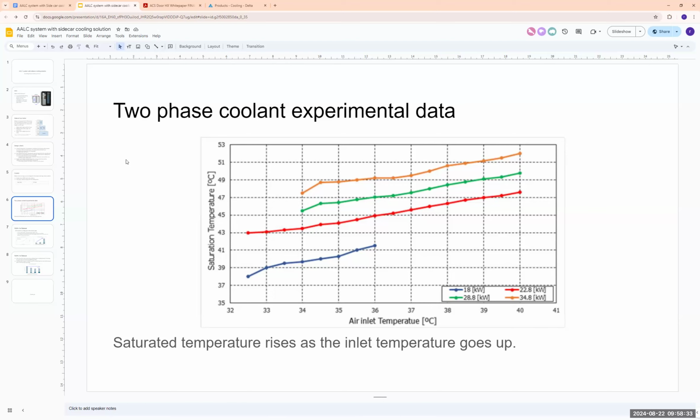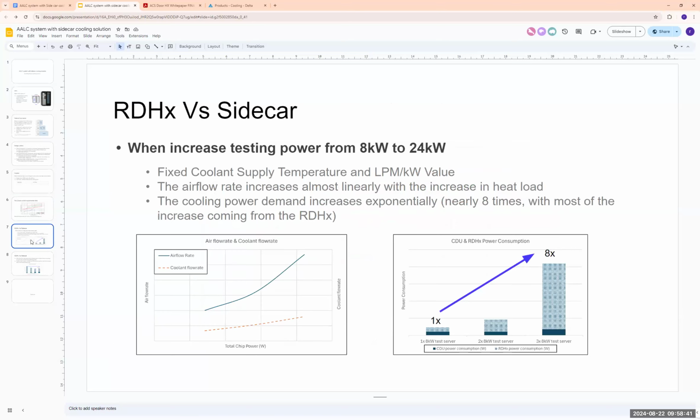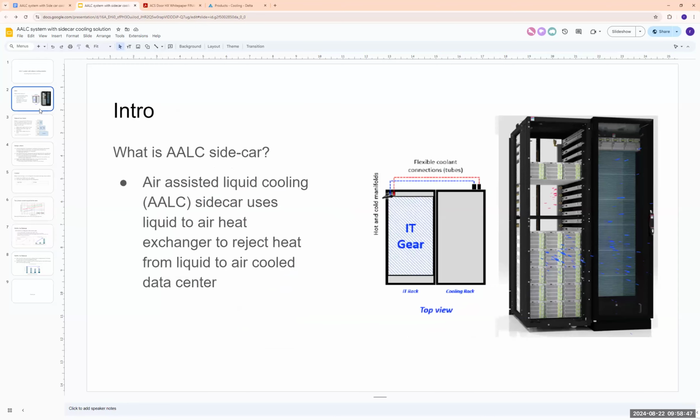No, I just have a question. What is the difference between single phase and two phase for the sidecar? Do they just change the coolant from single phase to two phase, or do you have to change many parts of the system? From my experience, I know two phase systems have the condenser, right?